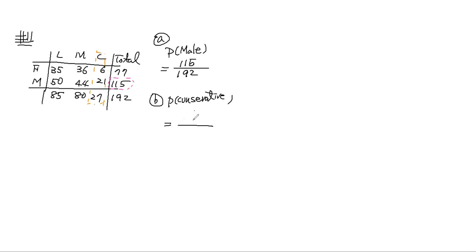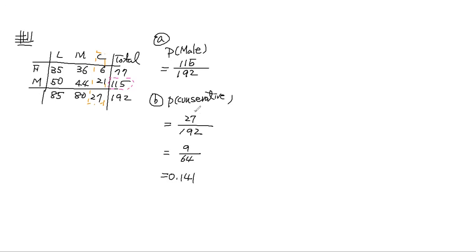I have 27 out of the 192 thinking themselves conservative. So it's 27 divided by 192. If you want, you can simplify it a little bit, or you can leave the answer like that. So it's 9/64, right? Or if you want to change to decimal, this will be 0.141, something like that.